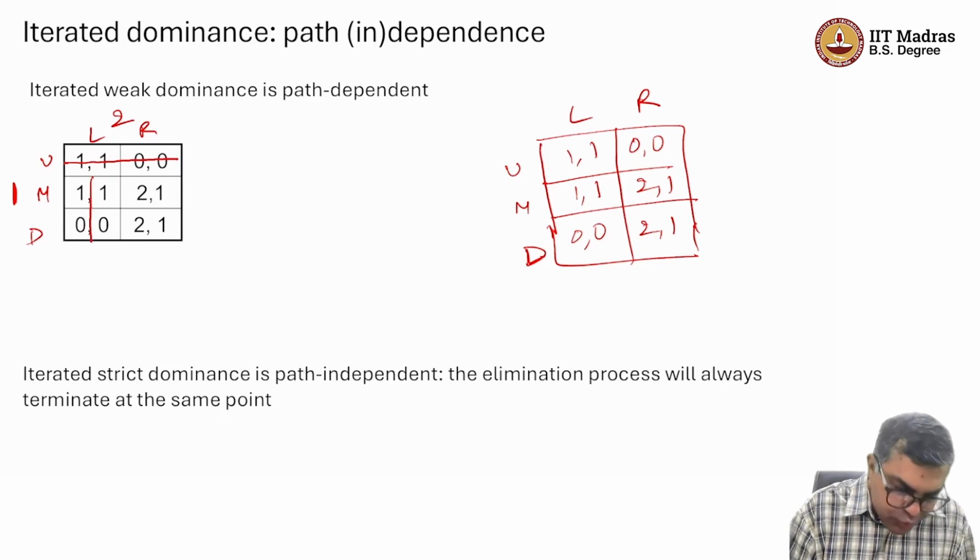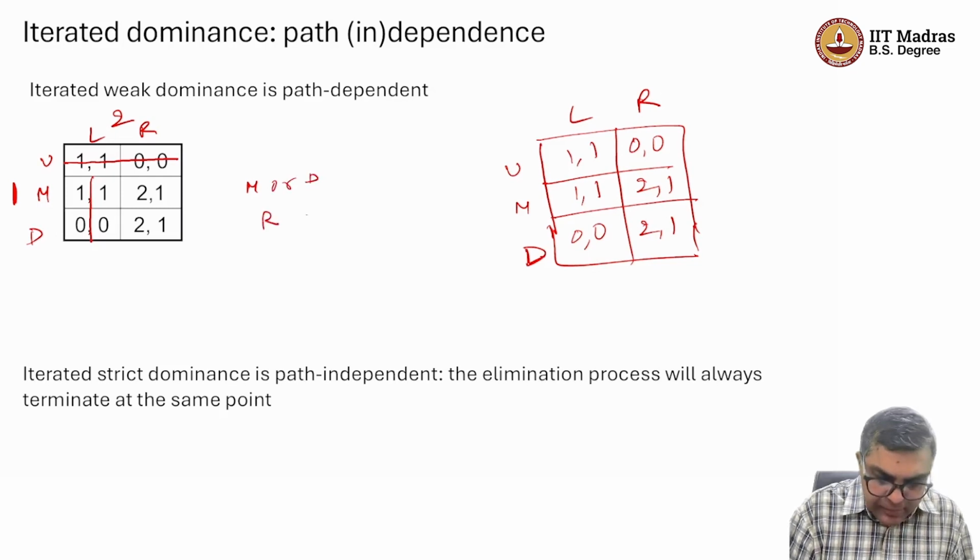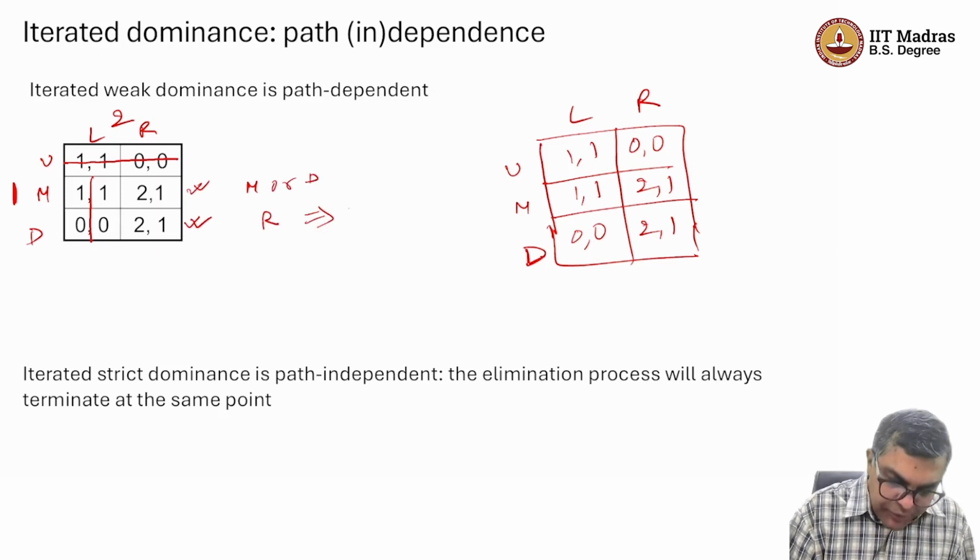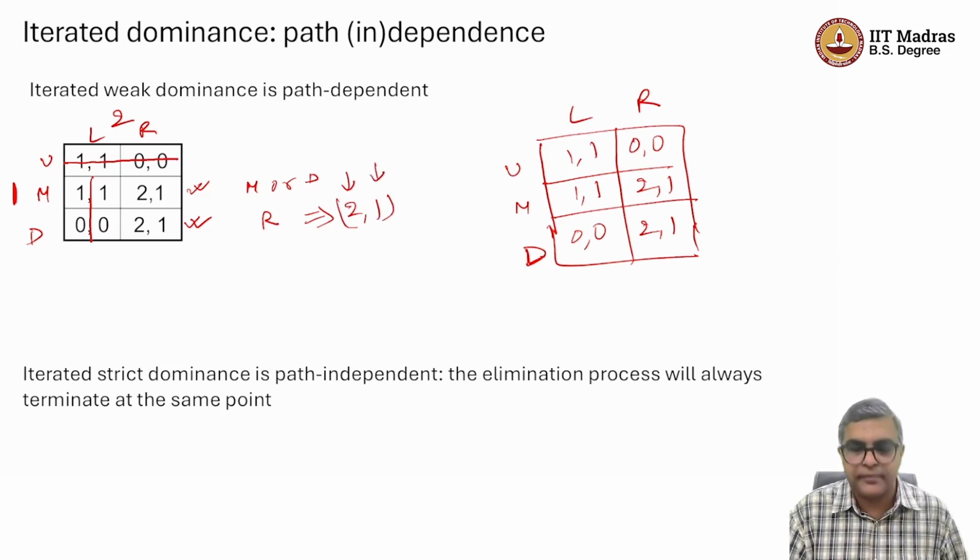We are left with two possibilities where player 1 can do M or D and player 2 can play R. We may not know whether this will happen or this will happen, but we know in both cases player 1 will get 2 and player 2 will get 1.